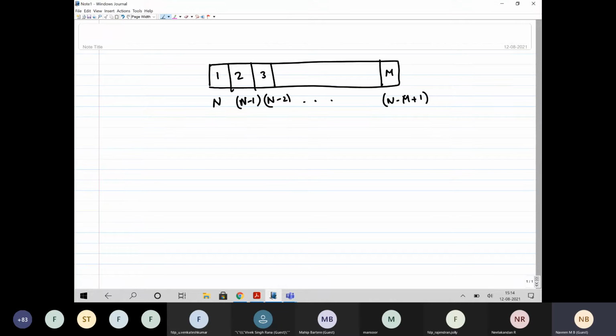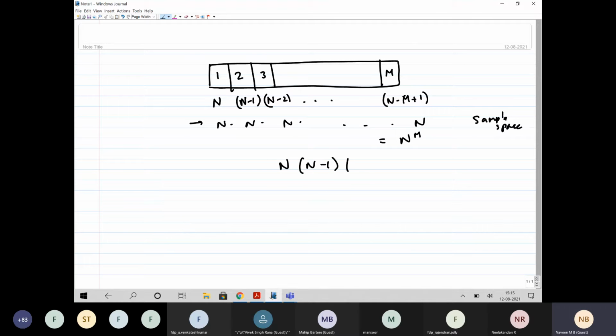If I didn't put any such restriction, each one would have had n choices. So this is my sample space, all possible choices. So that would be n to the power m. The product of this, because choice of each person is independent, product of this would be my actual number of ways in which all have picked different preambles. So now what is the probability?